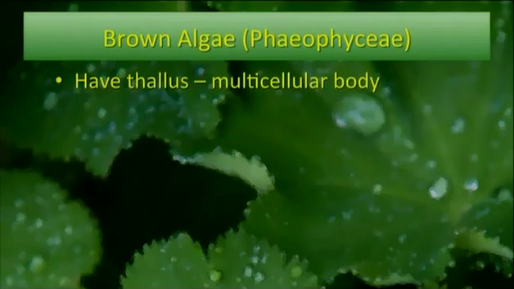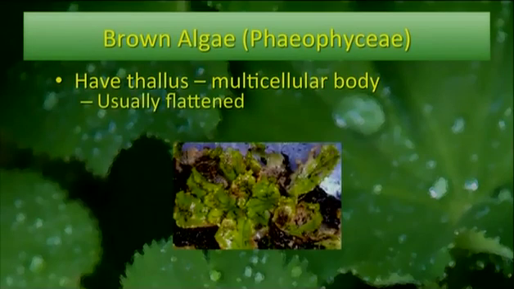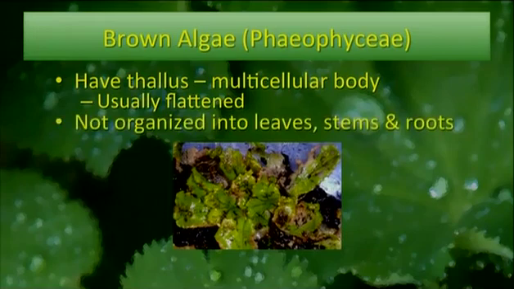Okay. So they have a multicellular body known as a thallus, and usually it's flattened. And they're not organized into leaves, stems, and roots. They're not organized into organ systems. Okay.